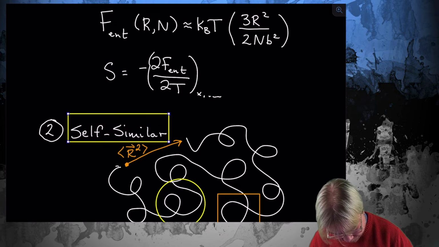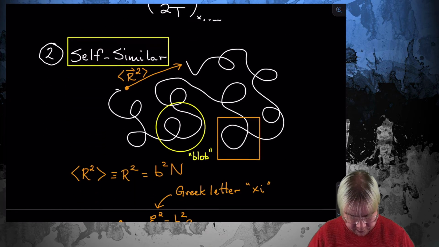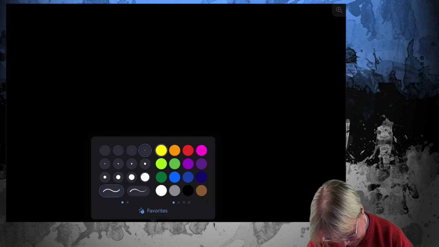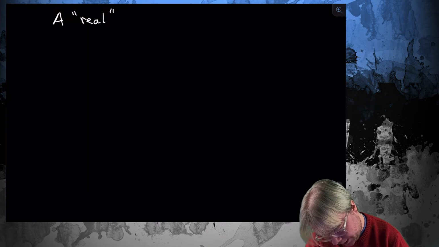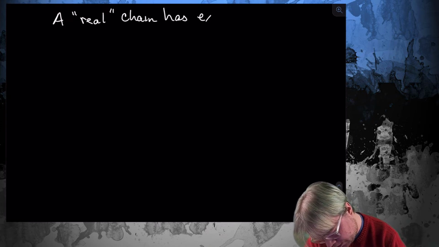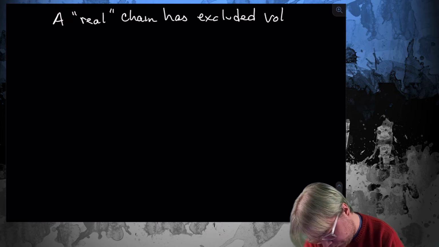All right, move this up. Okay. So let's go back to what we talked about in the previous video. A polymer chain is real. A real chain has excluded volume.